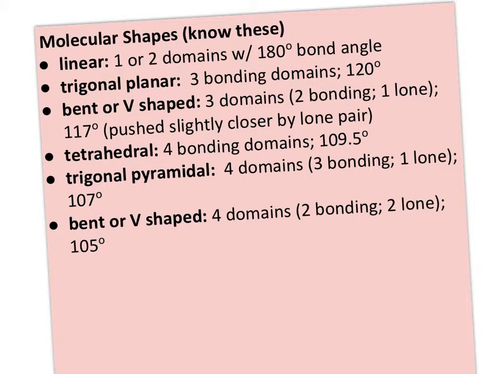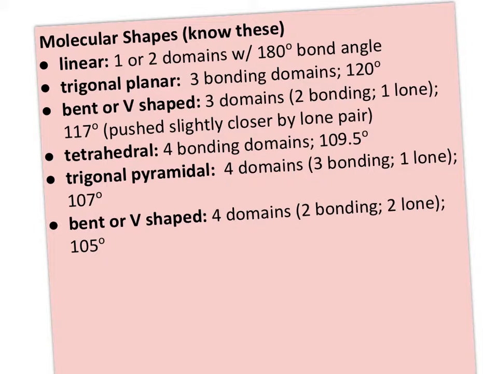Then tetrahedral is when you have four electron domains, and they're all bonding sites, and they would be an equal distance apart of 109.5 degrees. But if you had those four domains with three bonding pairs and one lone pair, those three bonding pairs are going to get squeezed slightly closer to 107, and we're going to see that as trigonal pyramidal because we don't see that last lone pair attached to the center atom.